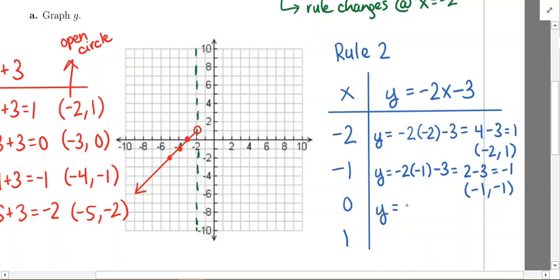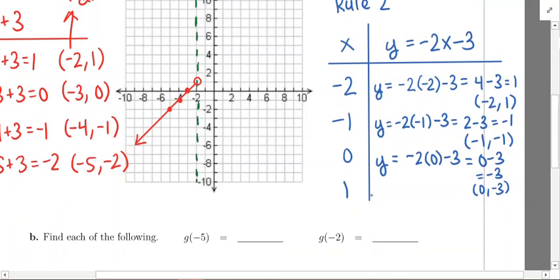So y is going to be -2 times 0 minus 3. That is 0 minus 3, which is -3. That's corresponding to the point 0, -3. And then lastly, we'll plug in x equals 1. We'll get -2 times 1 minus 3. That's -2 minus 3, which is -5. So your last point to plot here will be 1, -5.